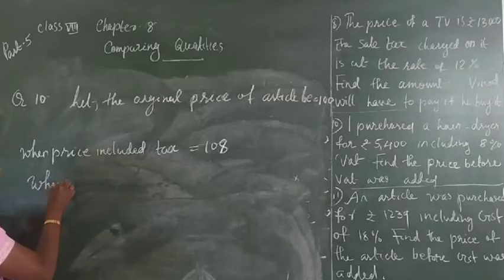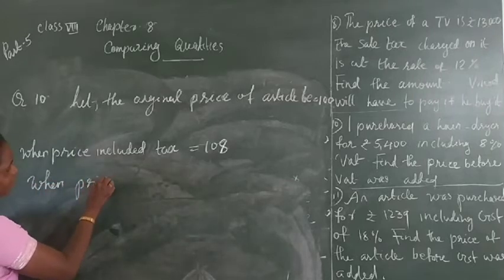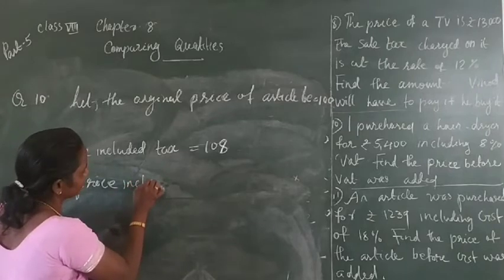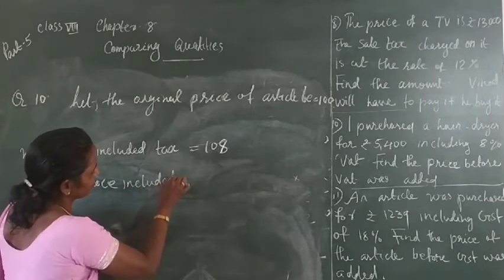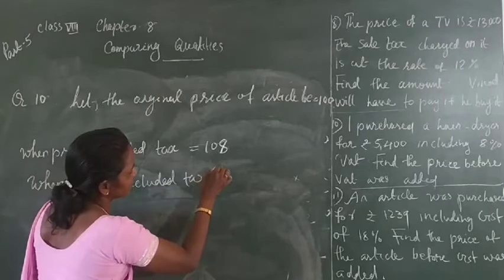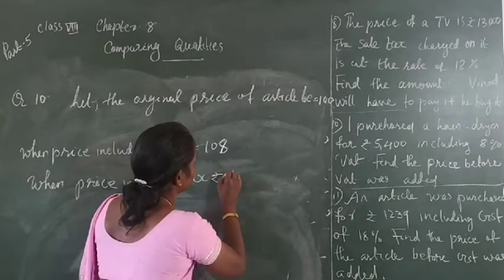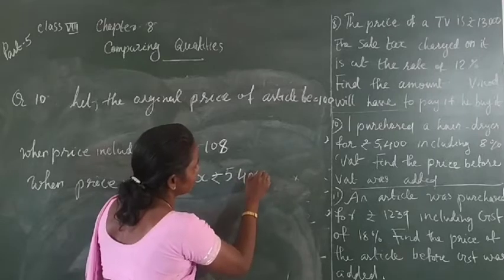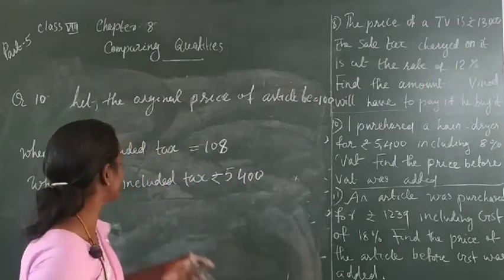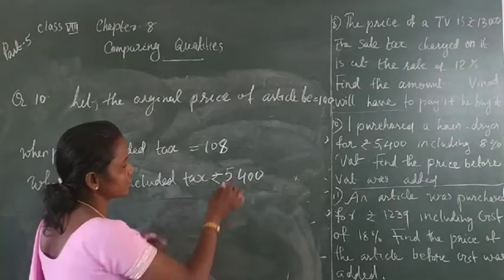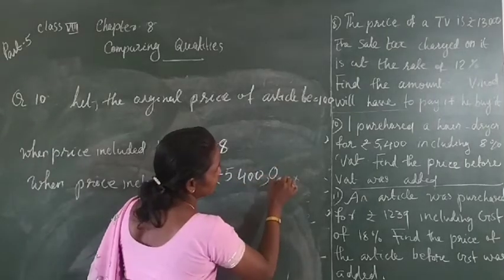When price including tax is equal to how many rupees? 5,400 rupees. Original price means when price included tax is 108 rupees, then original price.